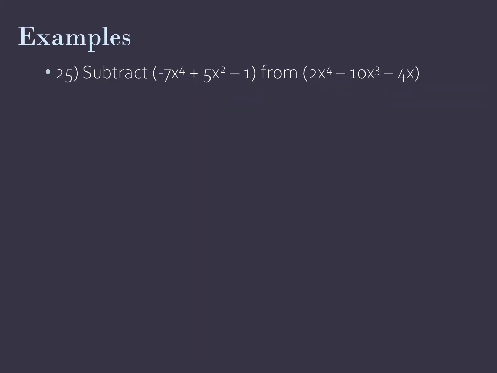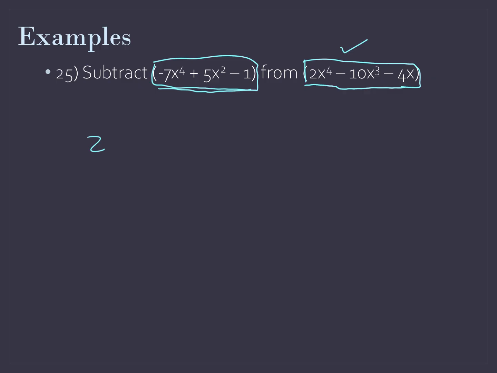All right, last one. Think about the wording of this problem. This says subtract negative 7x to the fourth plus 5x squared minus 1 from 2x to the fourth minus 10x to the third minus 4x. If I'm taking this, right, subtract just means you're taking away. Subtract this from this, that means we have had to have started with this.